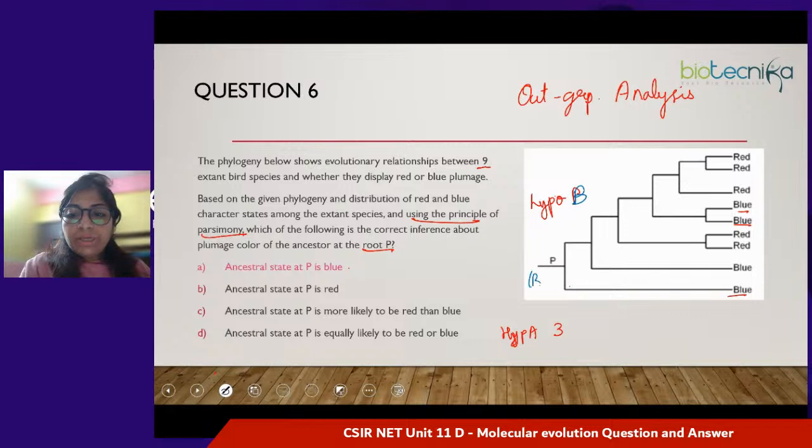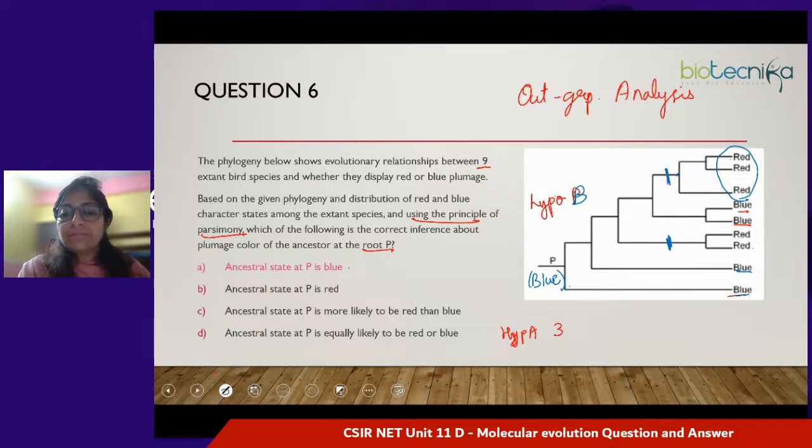Now let's see for blue. If we consider that this is blue, that means till here there is no evolution, they both have blue. One evolutionary event happened here because of which blue changed to red. Now all these species have red, which means their most recent common ancestor is here, so one change has happened here.